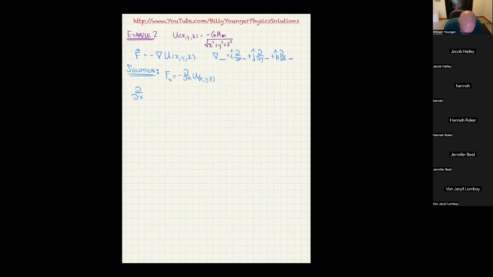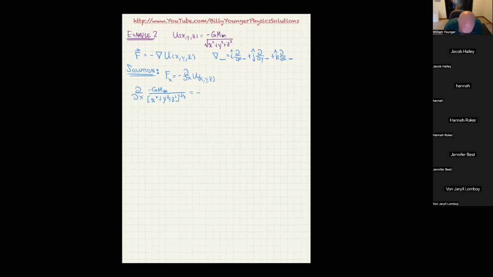And that, of course, is equal to negative GM over, rather than write it with that square root, I'm going to say it's x squared plus y squared plus z squared to the 1/2 power, like that.